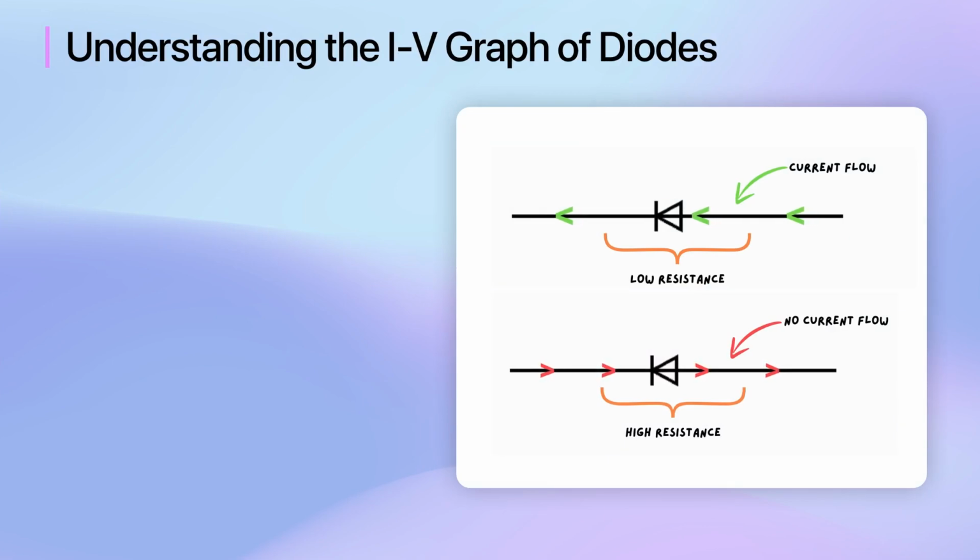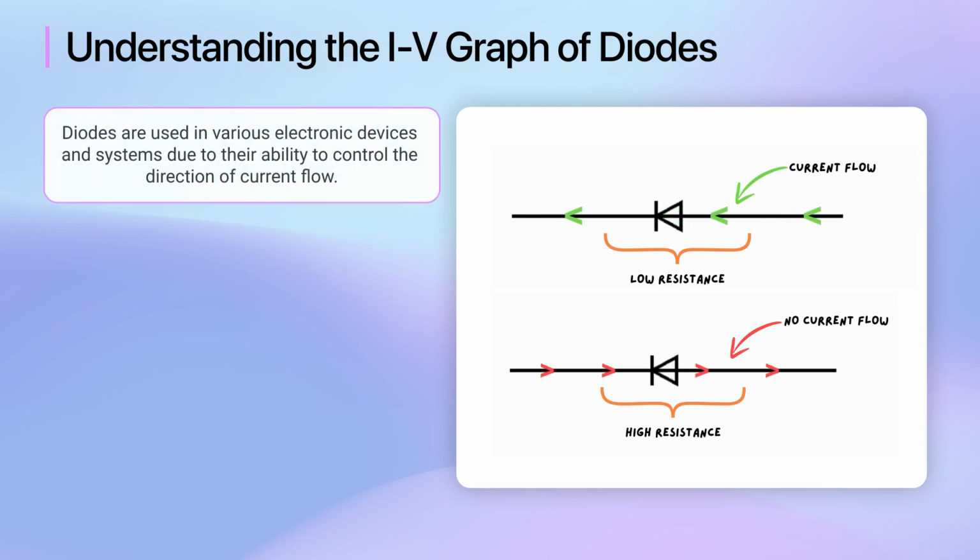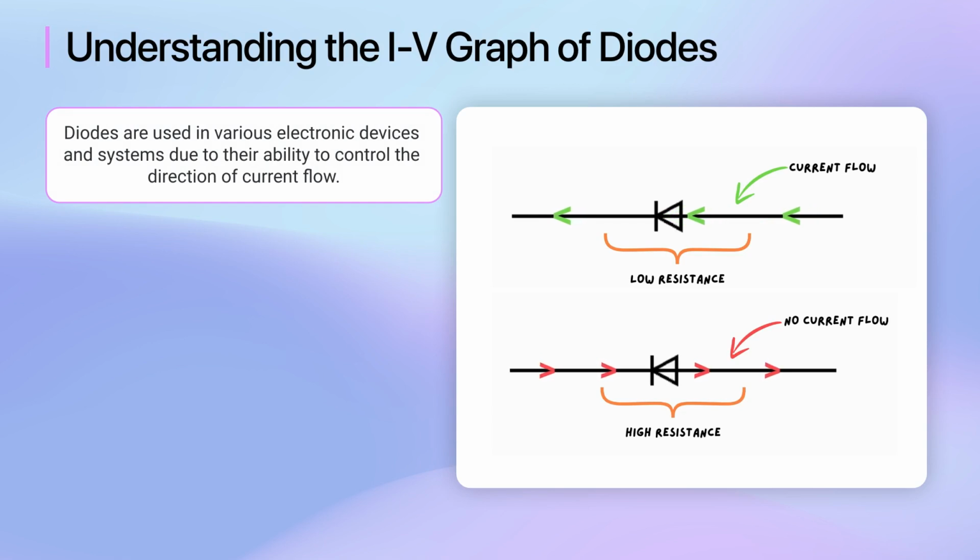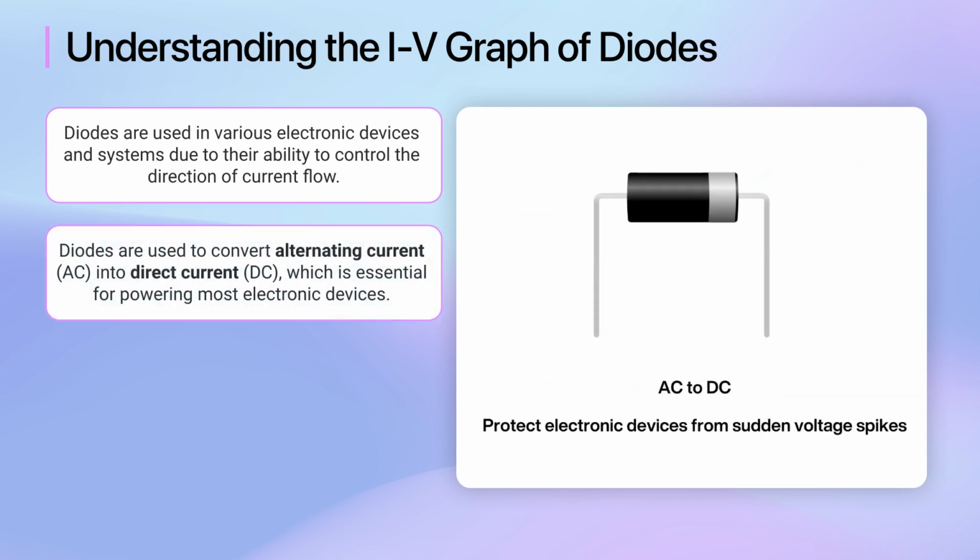Understanding the IV characteristics of a diode is not just a theoretical exercise. It has many practical applications in the real world. Diodes are used in various electronic devices and systems due to their ability to control the direction of current flow. For instance, diodes are used to convert alternating current, AC, into direct current, DC, which is essential for powering most electronic devices.